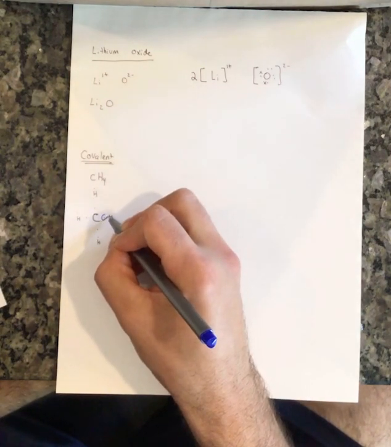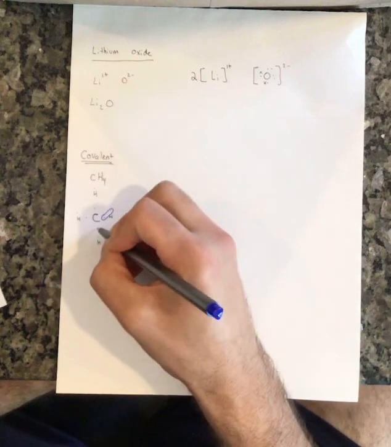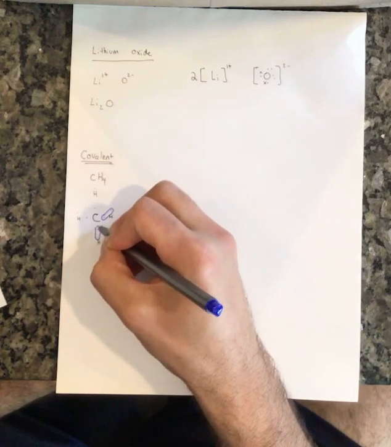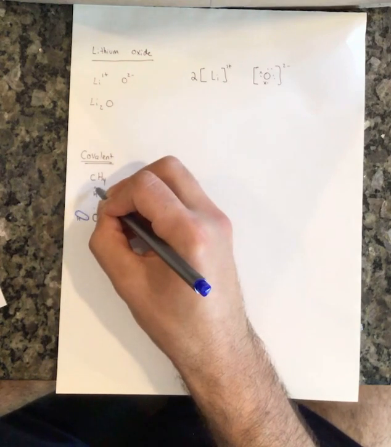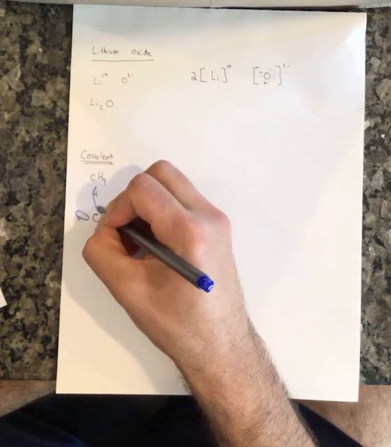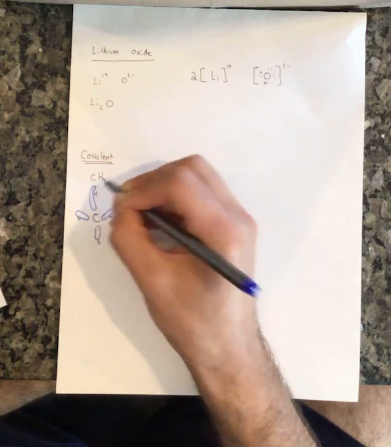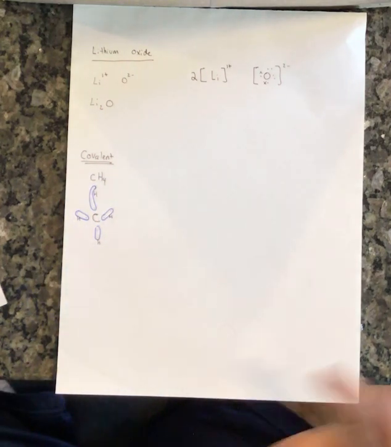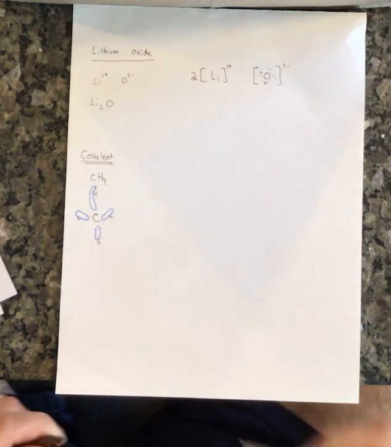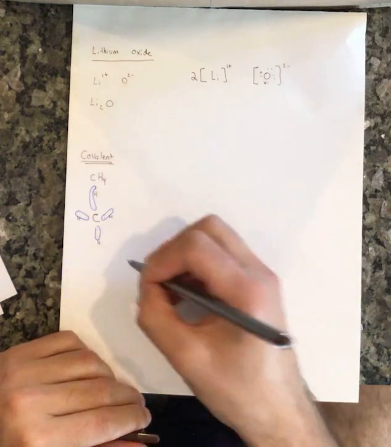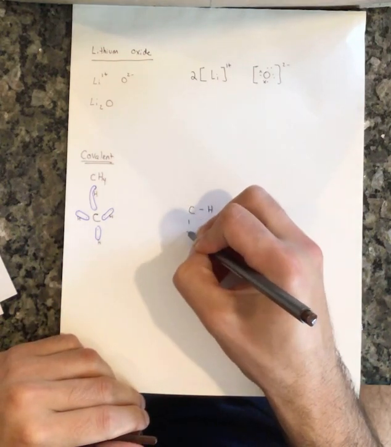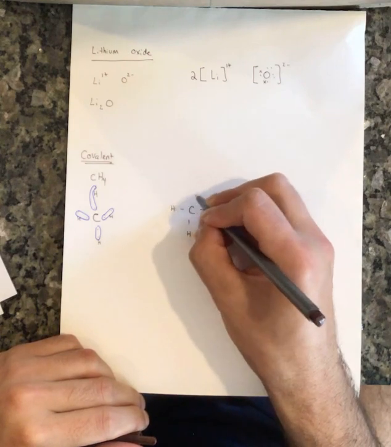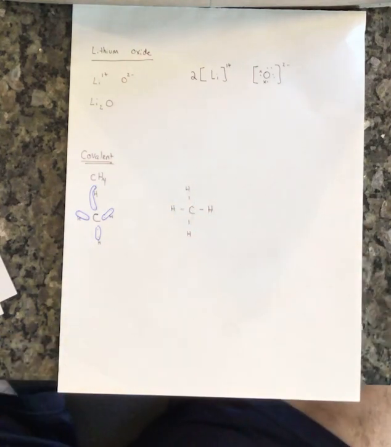So this carbon is going with this hydrogen, this one's going over here, and this one is going over there. And we have this last one. It's not going to look too pretty, but you get the idea. So there's going to be a bond between each carbon and each hydrogen. So when we finish drawing this, we're going to get carbon with a bond to each hydrogen all the way around.